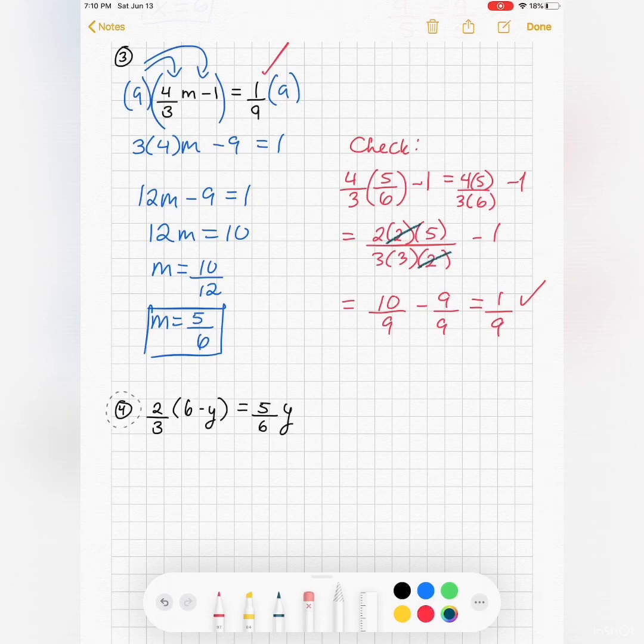So all of these, I guess, are kind of similar, where I would start by multiplying both sides by the LCD. So 6 and 3 leaves me 2 and 2.